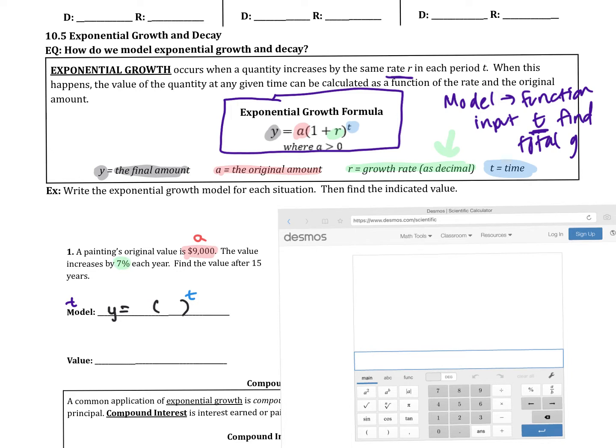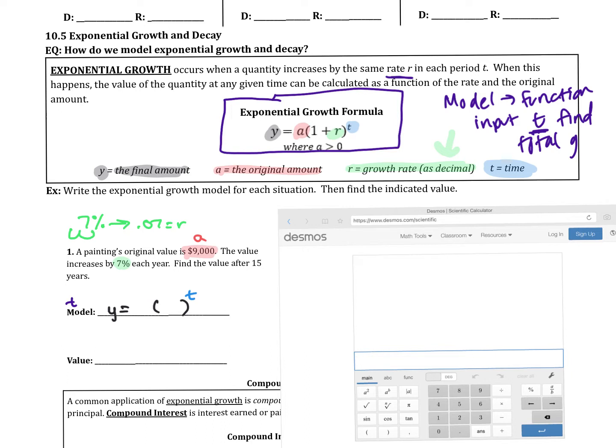So remember, we have to convert 7% into a decimal. So it's like I'm moving the decimal place 2 times. So 0.07 is our R value. The value increases by 7% each year. Find the value after 7 years. So after 15 years. We're not going to worry about that last sentence when we're creating our model.